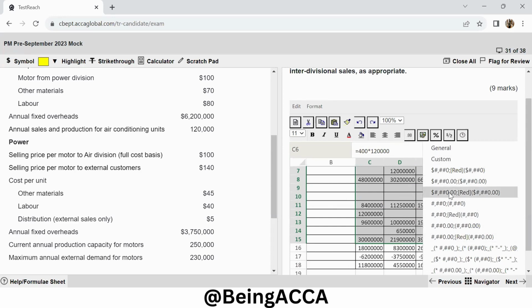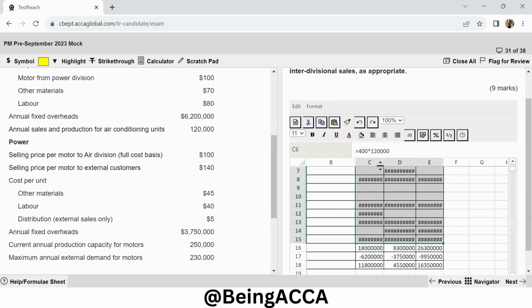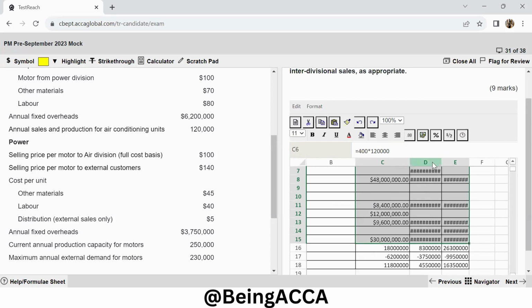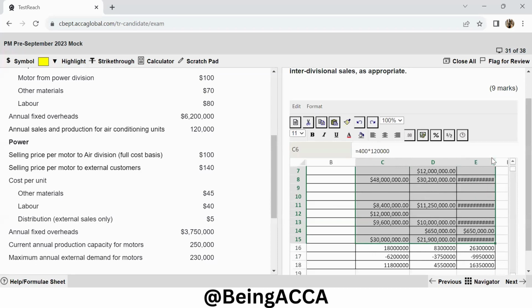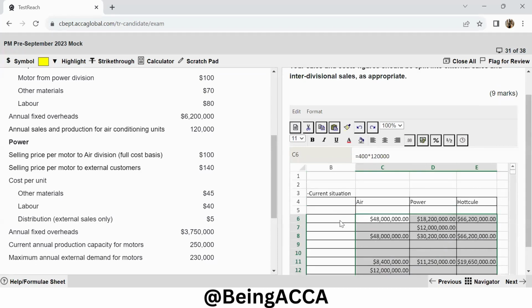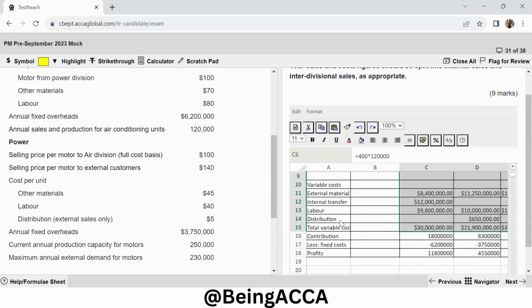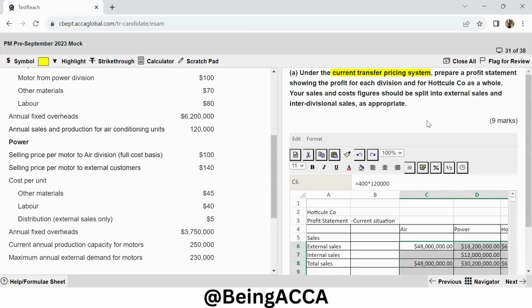Any currency format you can choose. This will ideally take more of your space, and that is why the size of your columns will have to be increased. Similarly, this can be applied to your entire table and it will make your answer look neater. So let's move on to the next part that we have.